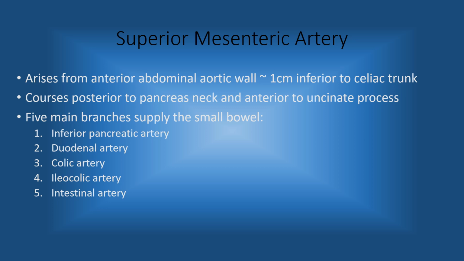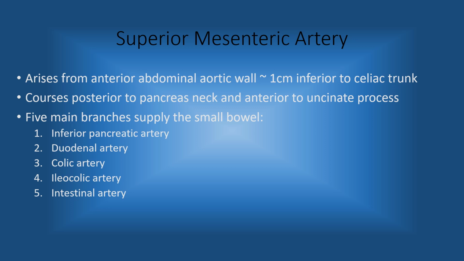All right. Now the superior mesenteric artery is going to have 5 main branches that supply the small bowel. When you think about what vessels supply which parts of the body, you want to think of that celiac trunk as supplying the spleen, the liver, the upper part of the duodenum, and the pancreas and stomach.